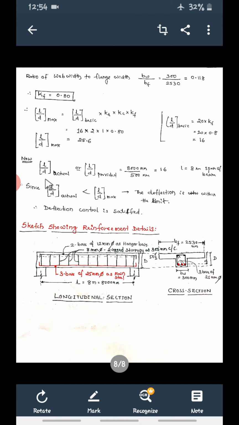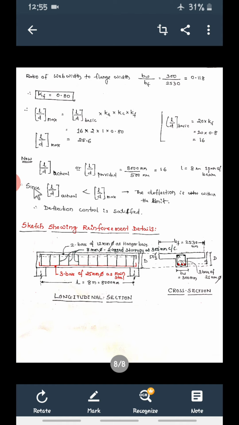Now how much are we actually providing? L by D actual, or L by D provided: span 8 meter or 8000 mm divided by effective depth 500 mm, so L by D is 16. We are actually providing 16, but the maximum allowed is 25.6, so it is less than this.